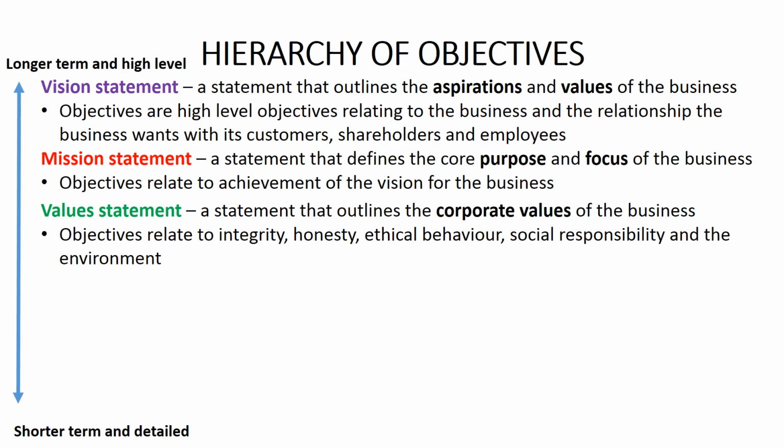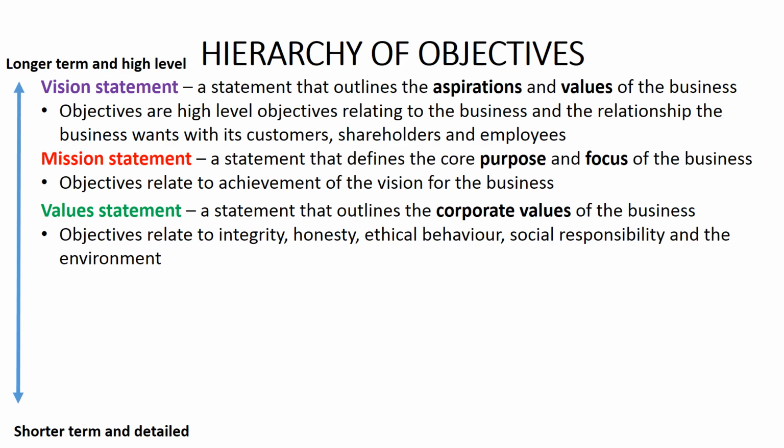You can now turn to the table in your summary book, and in the second column you can describe the purpose of the objectives in a value statement as being to outline the corporate values of the business.